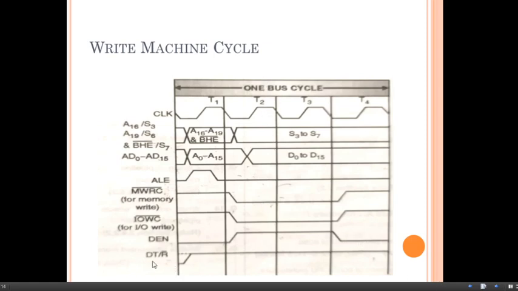And for write operation, this data transmit / receive bar always has a high value. So in this way the write operation is performed by the 8086 processor in maximum mode configuration.